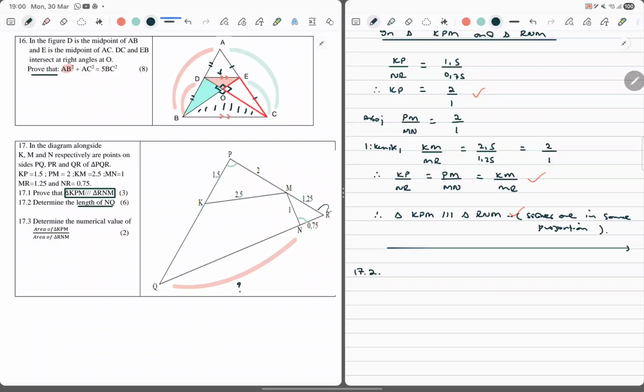And then the other one, we're going to say this angle is going to be faced with 1, so that means it's equal to that angle. Right. That one is going to be equal to this one. Okay. So that's the corresponding angles of similar triangles.